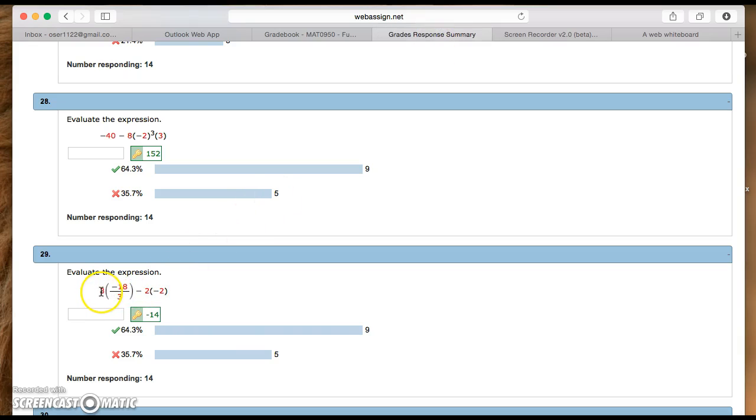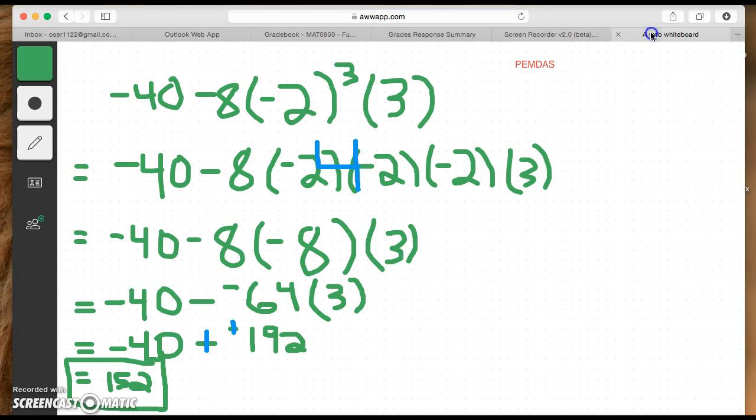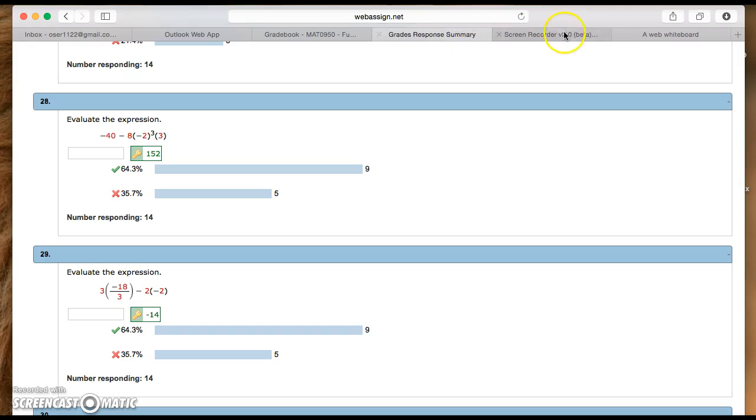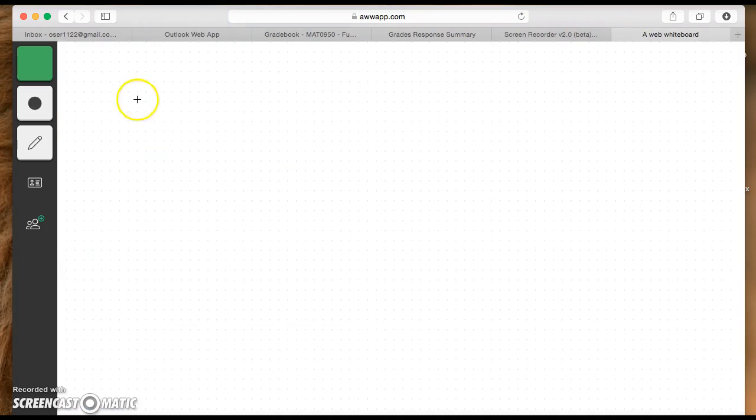So we have 3 times negative 18/3 minus 2 times a negative 2. And again, we are evaluating. So let's trash all of that stuff and write out 3 times negative 18/3.